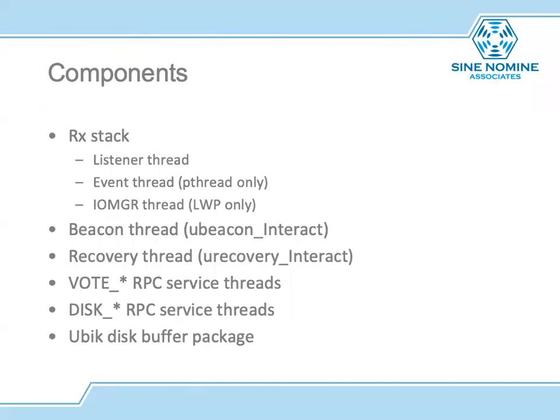But all of them have these things in common because these are pieces of either Ubik itself or things that Ubik requires. The things that are the most interesting for the purposes of this talk, because this is just an introduction, are the beacon thread and the recovery thread. I'll be giving a little bit more detail about those. Those are the ones that really do the heavy lifting of making sure that Ubik works correctly and coordinates all of the different servers together.